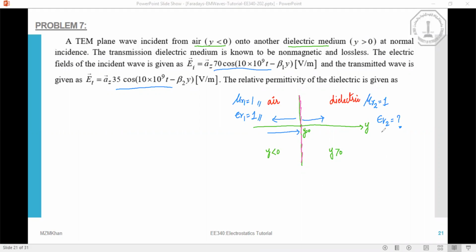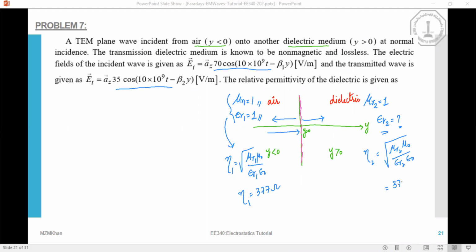So how are we going to find epsilon r? Think from where you can get the epsilon r. So epsilon r's are usually under the umbrella of eta, because eta 1 is root of mu r1 mu naught over epsilon r1 epsilon naught, which for the air is 377 ohms. For dielectric, eta 2 is root of mu r2 mu naught over epsilon r2 epsilon naught.